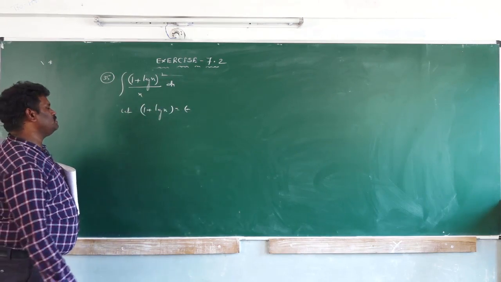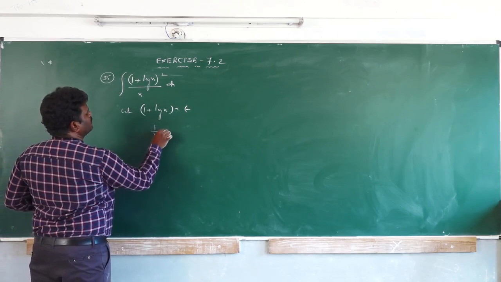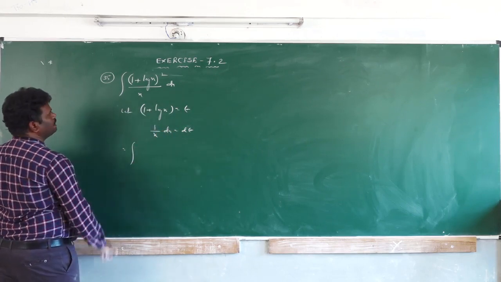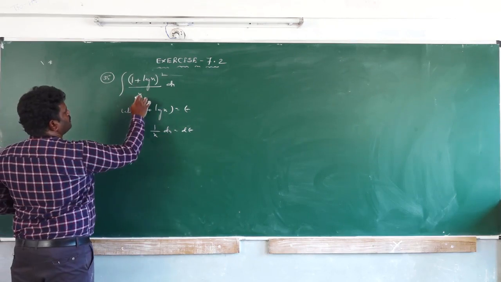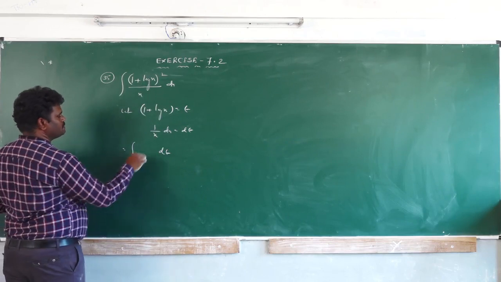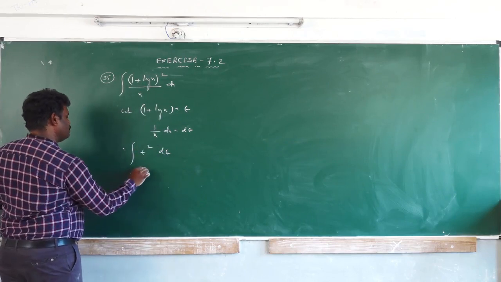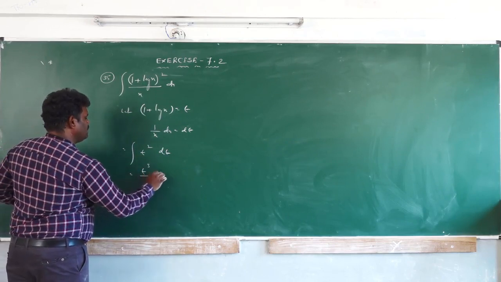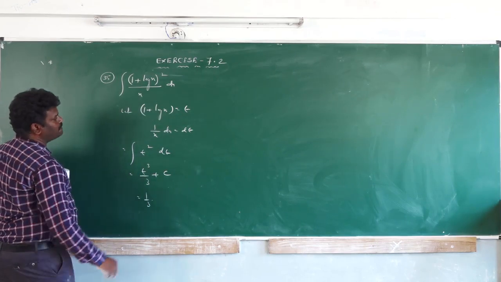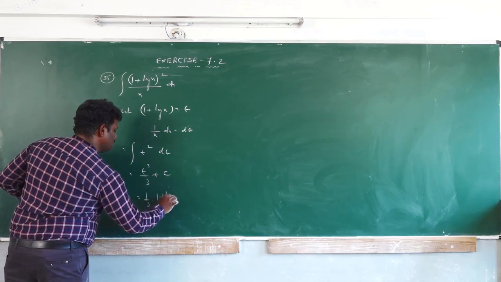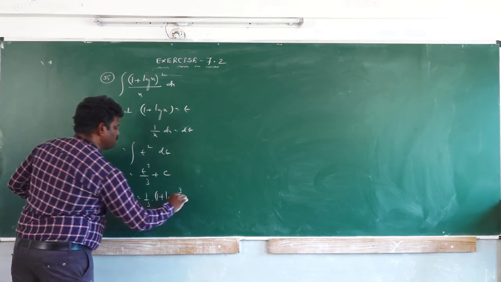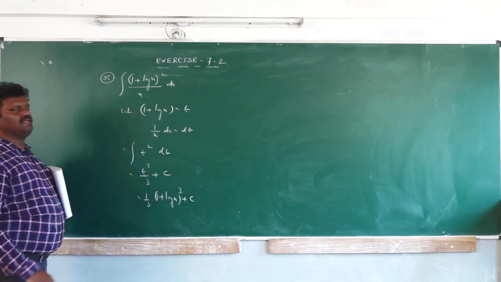So we get t cube by 3 plus c, that is equal to 1 by 3 into 1 plus log x whole cube plus c. Okay?